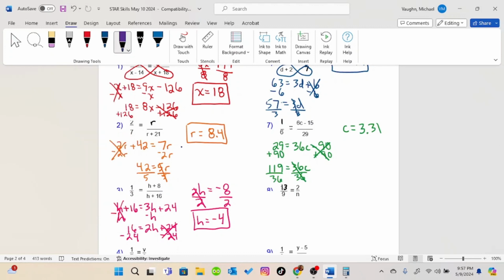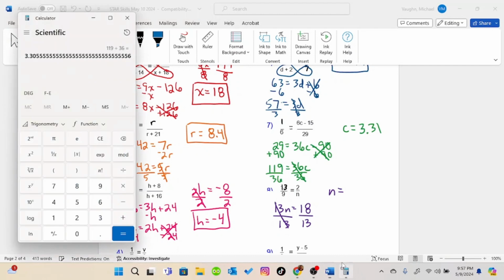Number 8. We cross multiply. 13 times n is 13n, and 2 times 9 is 18. Then we divide both sides by 13, and n equals 1.38.